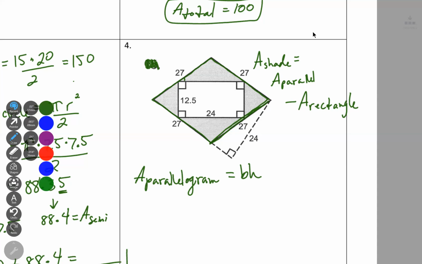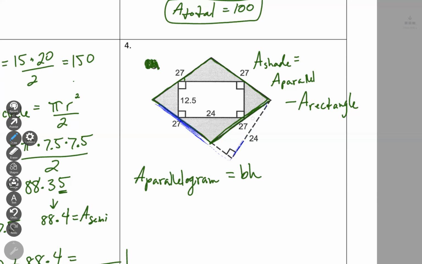So on this parallelogram here, this is our base. It's 27. And then we have to look. What is the height at a right angle to it? 24. Okay. If you do 27 times 27, you're not getting the correct height. So the base is 27 and the height is 24.